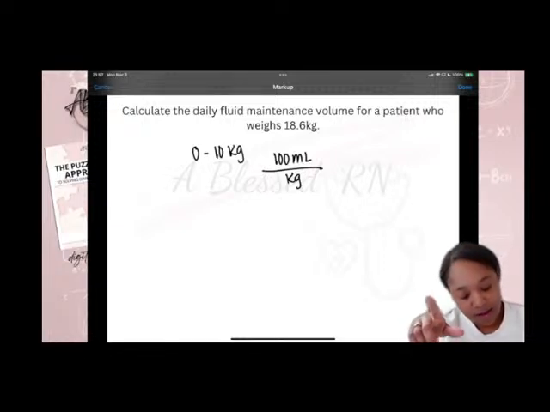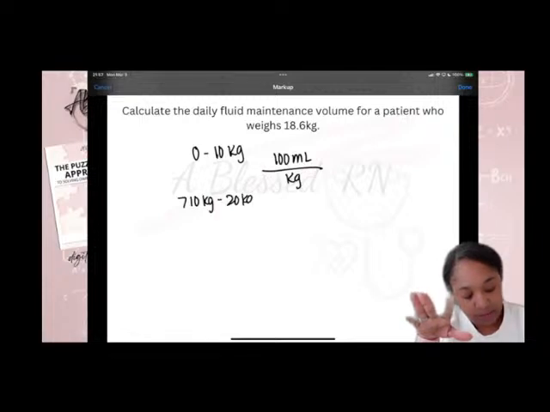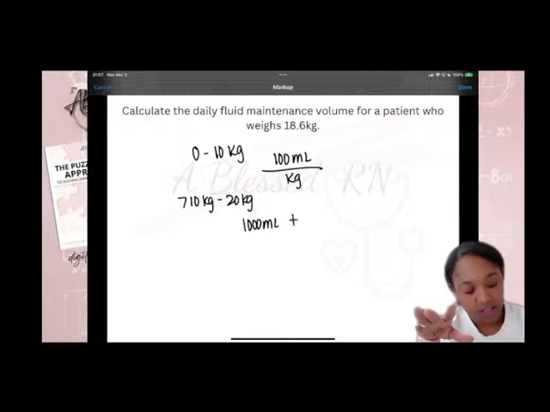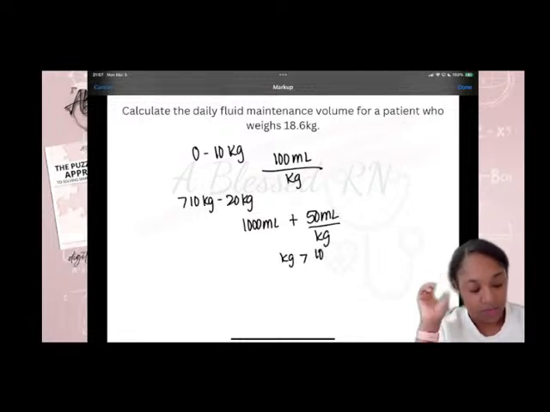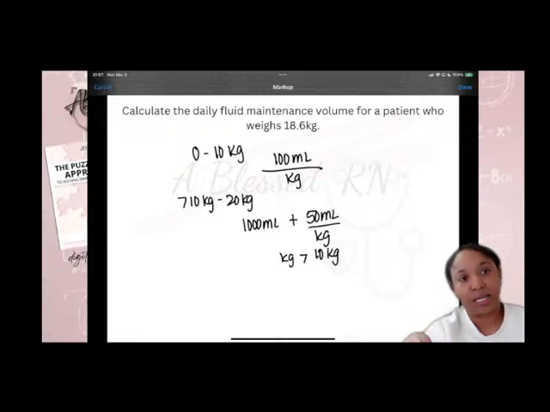If they are above 10, so greater than 10 to 20, they'll get 1,000 milliliters plus 50 milliliters per kilogram of body weight. And that's for kgs that are greater than 10. So you would have to take their body weight, subtract 10, and then you would use that in the 50 milliliters per kilogram part of the formula.